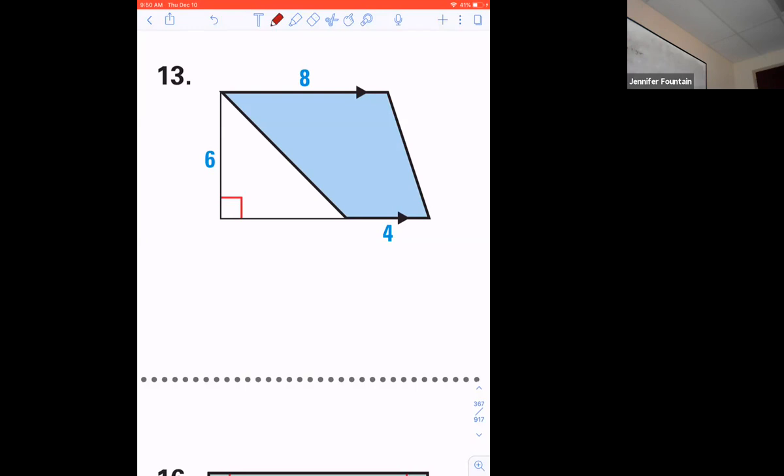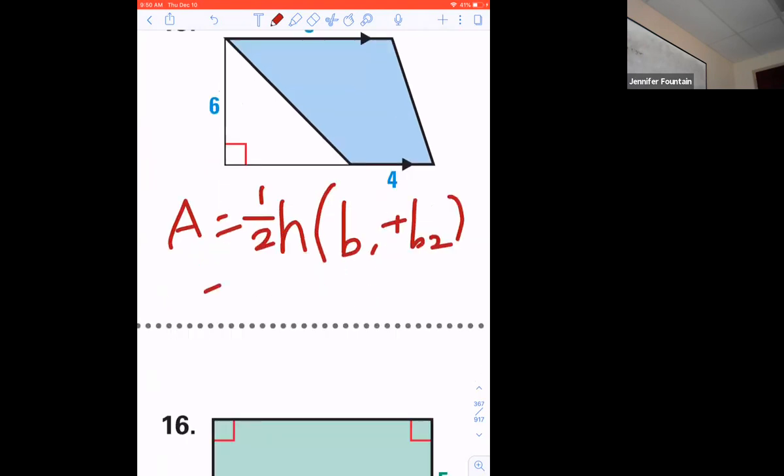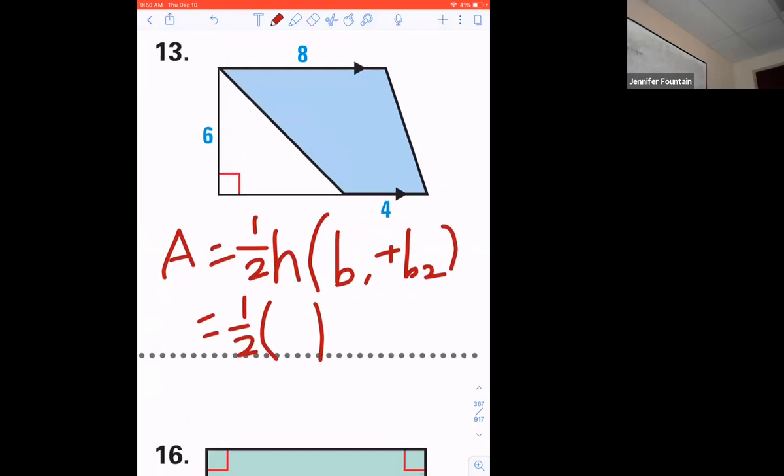So what is my formula for a trapezoid? A equals half the height times B1 plus B2. In this one, what is my height? 6. Let B1 be the top base. What measure is that? 8.